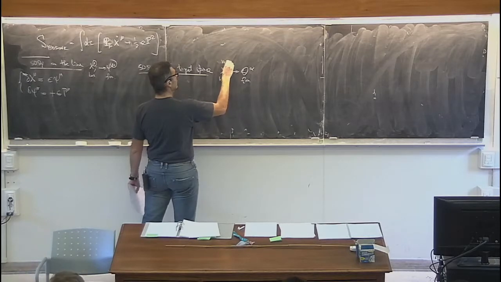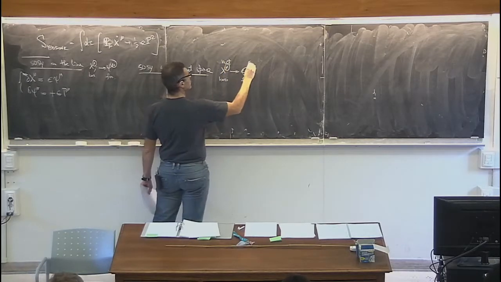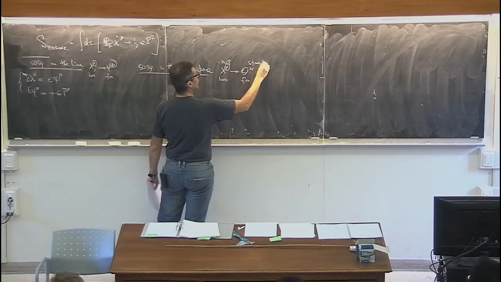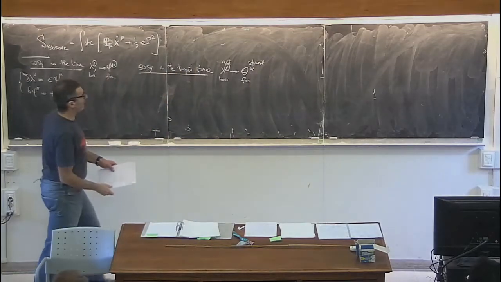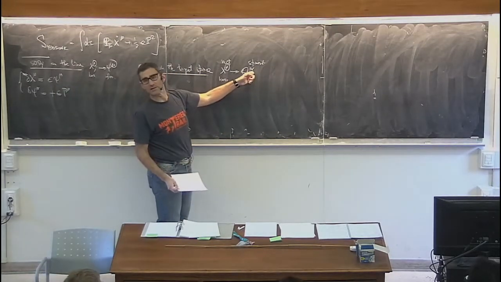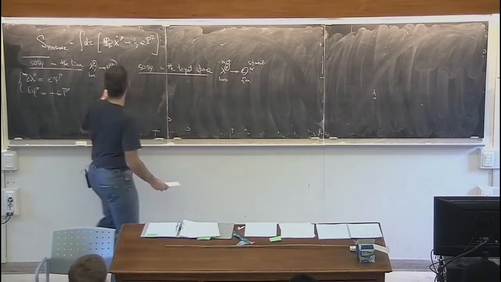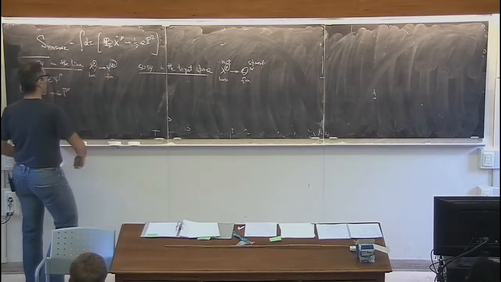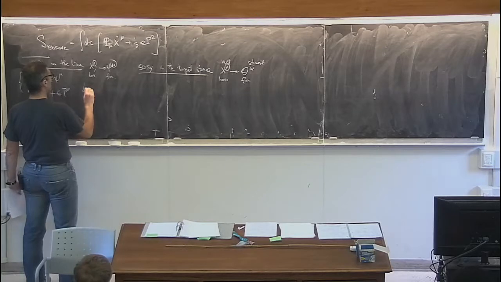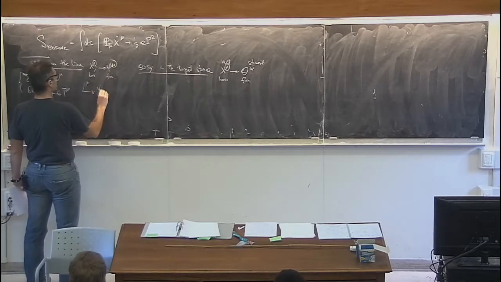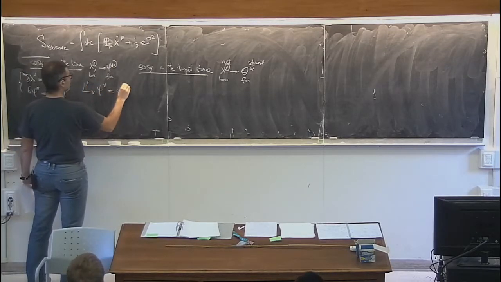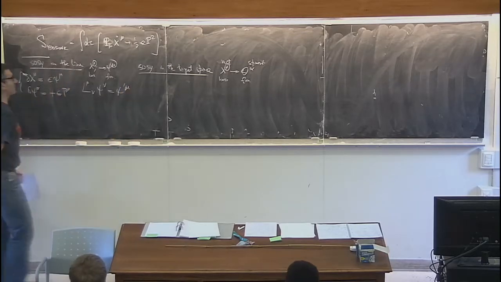If this is a vector representation of the Lorentz group, this is a spinorial representation of the Lorentz group. So alpha now is a spinor index. If I perform a Lorentz transformation L^μν acting on this, it just rotates in this way. So this is just the Lorentz transformation of these fields.